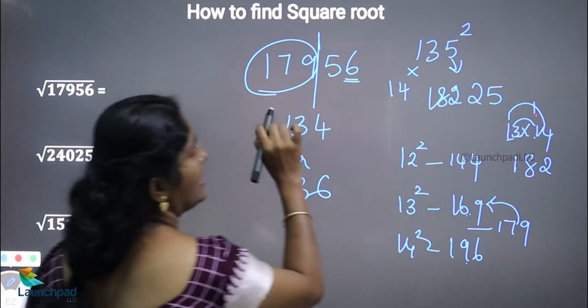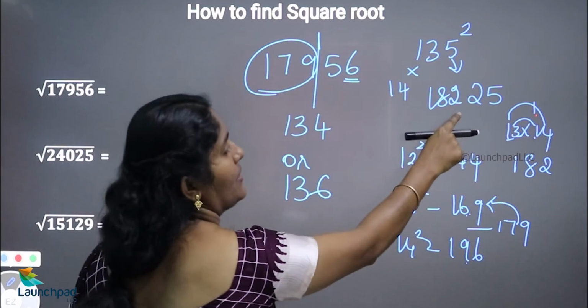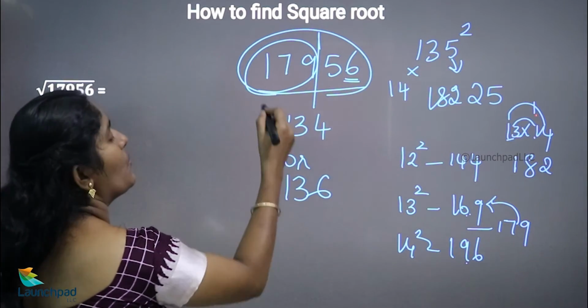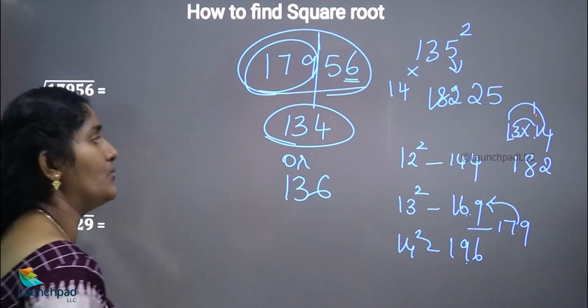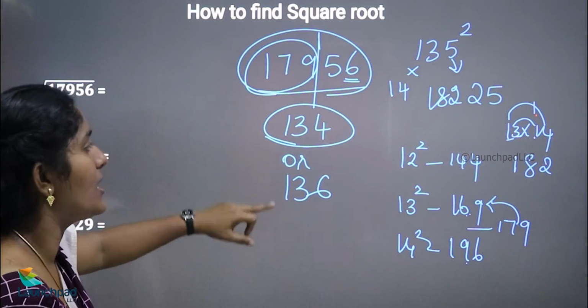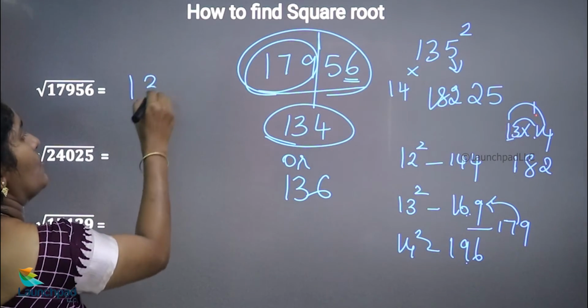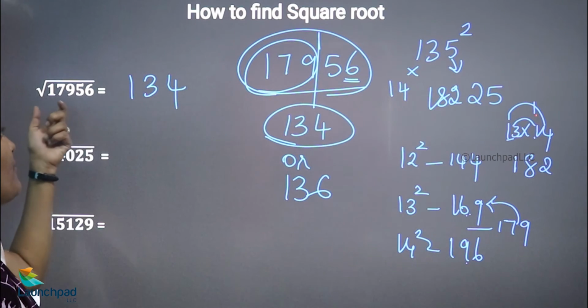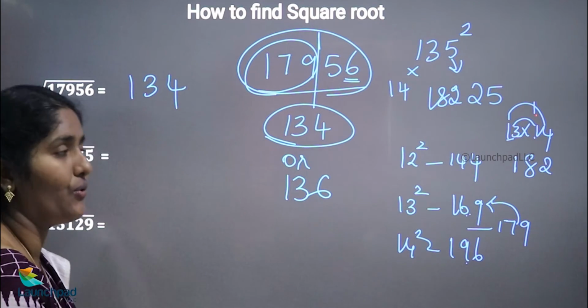The given result is smaller when compared with this result. So the given result is smaller, which means you want to take the smallest value. Which one is the smallest value? 134. So the square root of 17956 is 134.